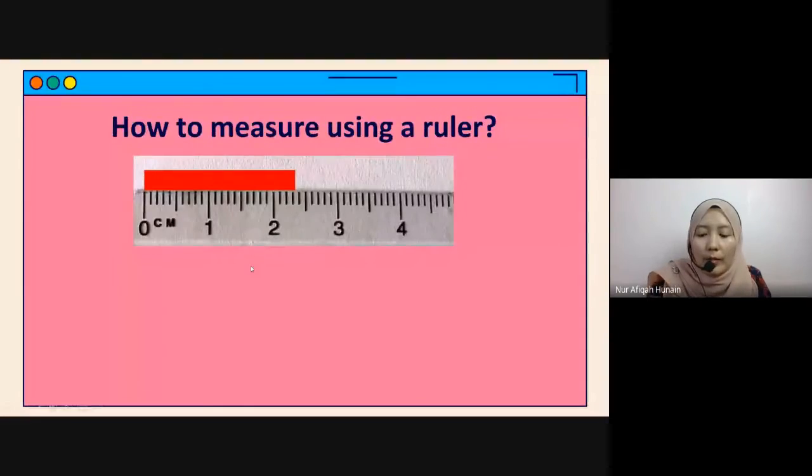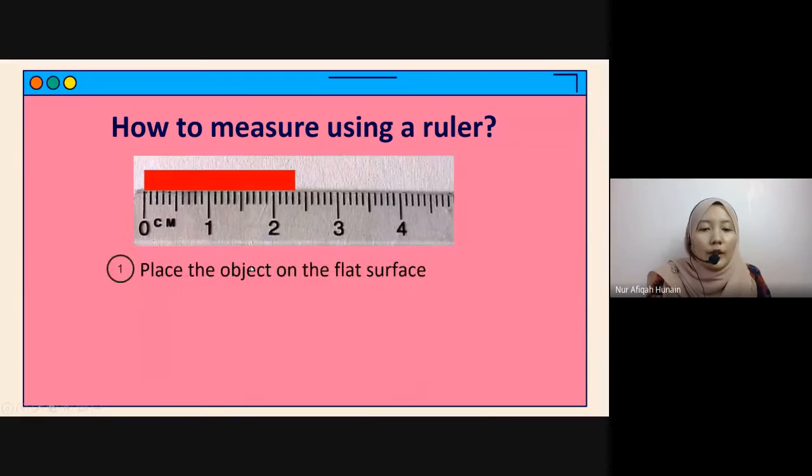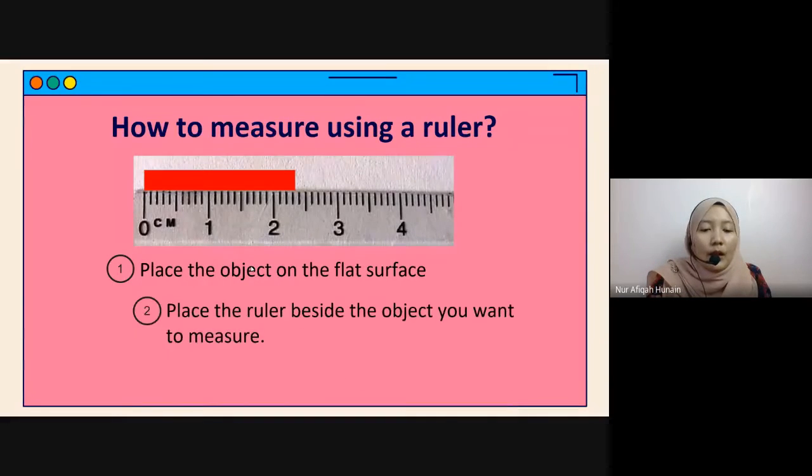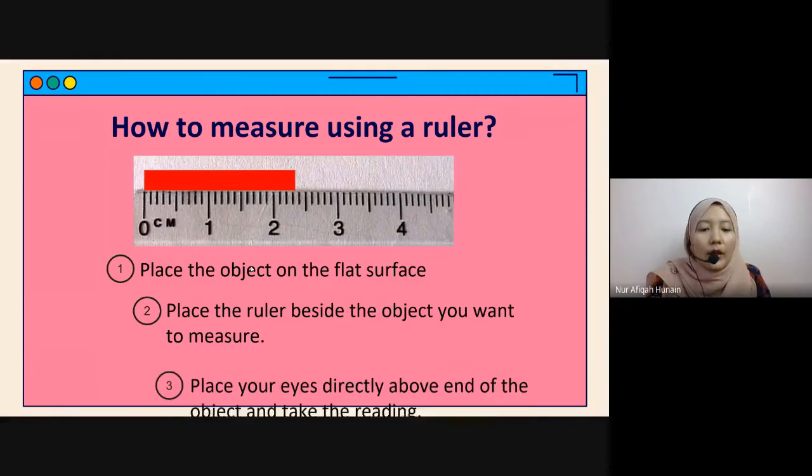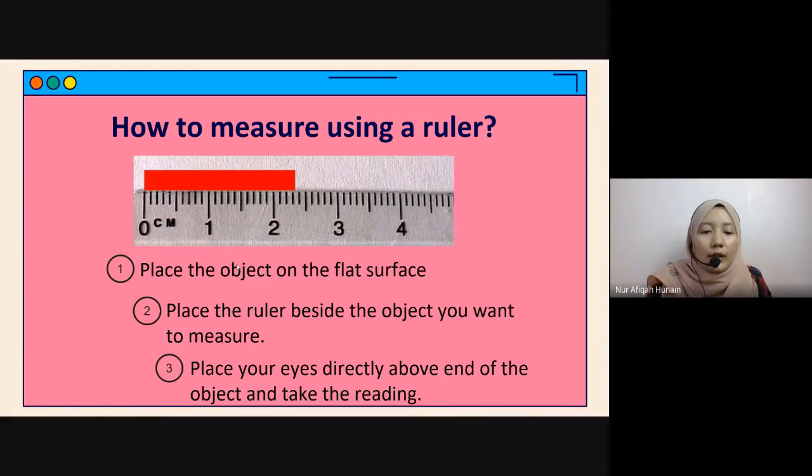Okay, so remember the steps. Make sure to place the object on the flat surface. Place the ruler beside the object you want to measure. And place your eyes directly above the end of the object. The end of the object here is at the small line number 3, and you take the reading.